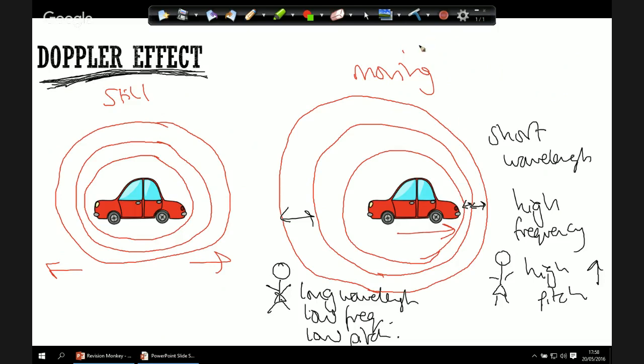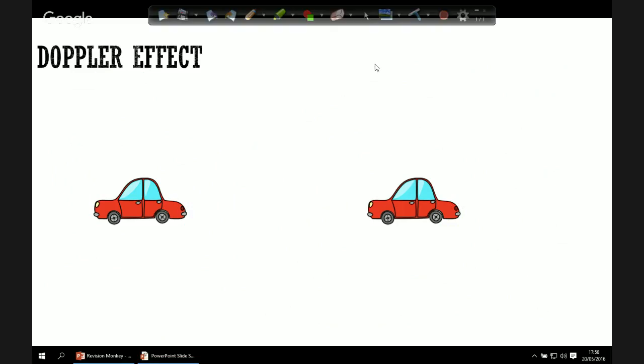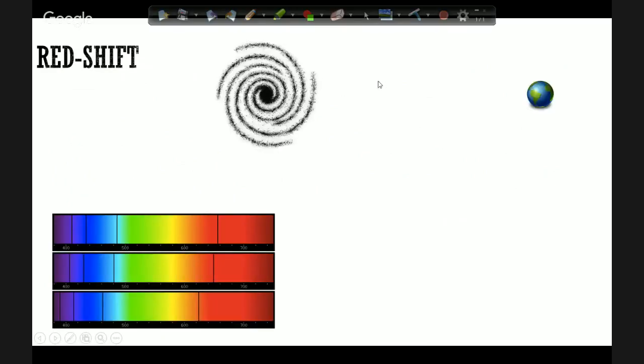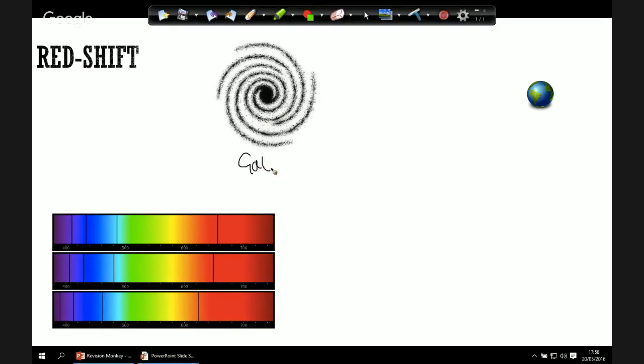Now remember this effect, because a very similar effect happens in light, and when it happens with light we call it red shift. So let's imagine the same thing, but this time this is a galaxy and this is Earth, and the galaxy is emitting light, okay, which I'll just draw as circles around that galaxy.